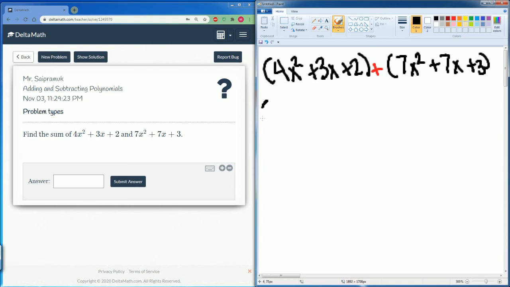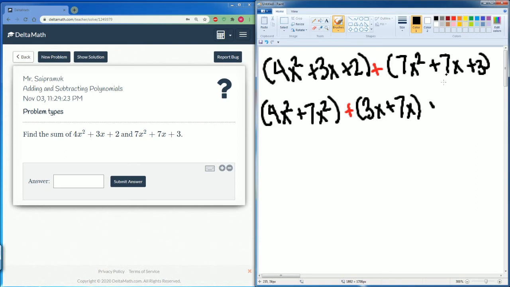Alright, so your like terms are your 4x squared plus 7x squared. So these are your like terms for being x squared. Add. You have 3x plus 7x. Then you're going to add. Now you have 2 plus 3, which are your constant terms.